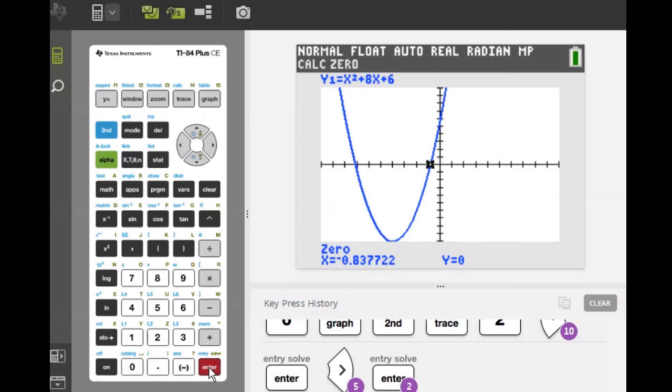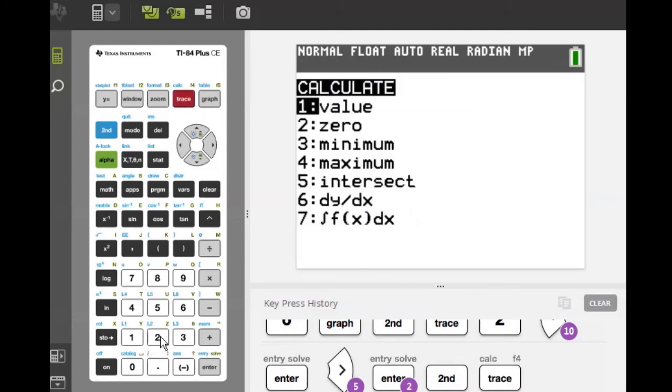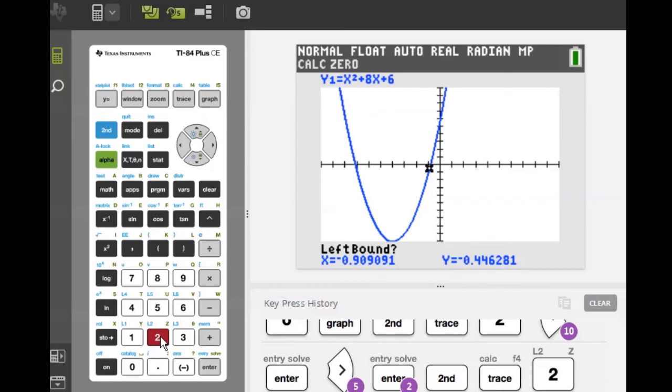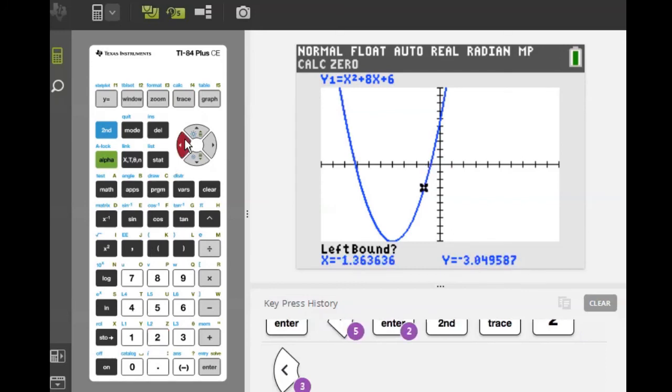So the value is negative 0.83772, which we can round to negative 0.838, which is the first zero that we got in the equation. Now let's find the second zero. So I'm going to hit second, trace, 2, and then I'm going to get closer to the second zero, the x-intercept on the left.